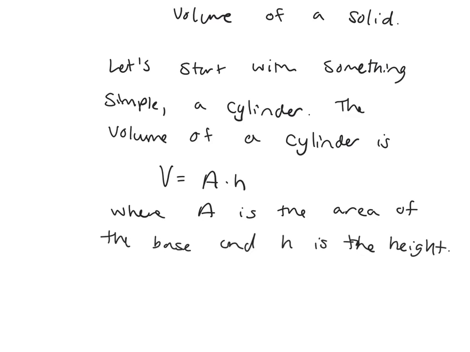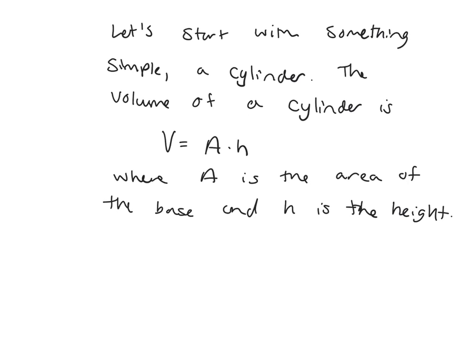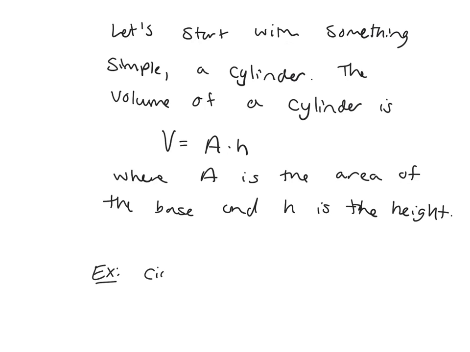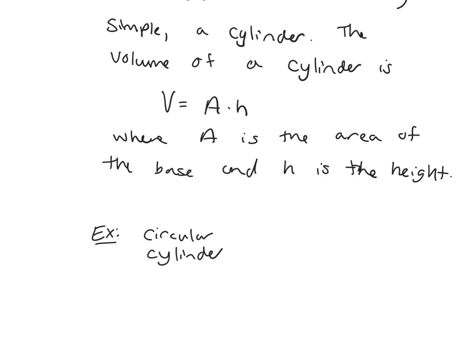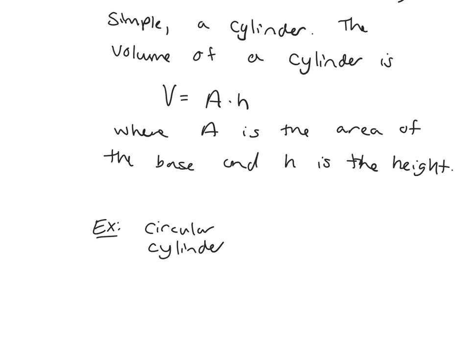So let's do an example of a cylinder, a circular cylinder. So that's one where its base is a circle. I'm going to do my best to draw a picture for you of a circular cylinder.